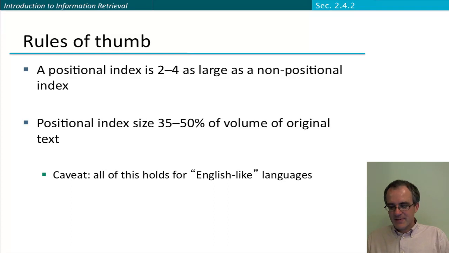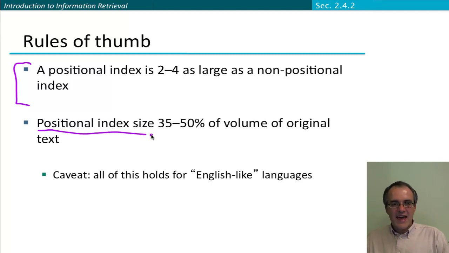So everything depends, but just to give you some very rough rules of thumb for typical documents like web pages, you might expect a positional index to be somewhere around 2 to 4 times as large as a non-positional index. And in particular, the size of a positional index remains smaller than, but starts to approach, the size of the original text.